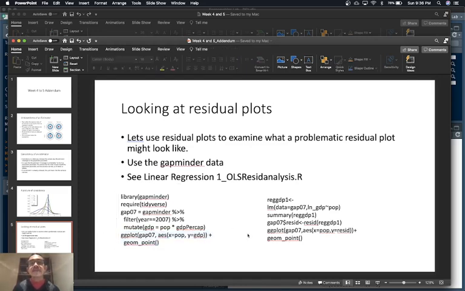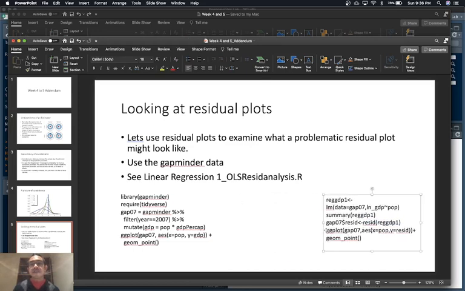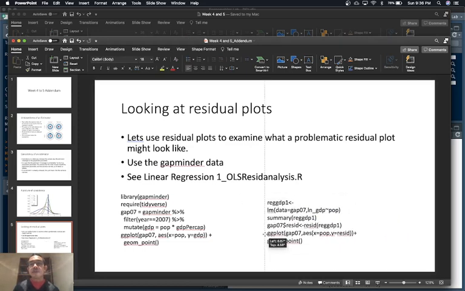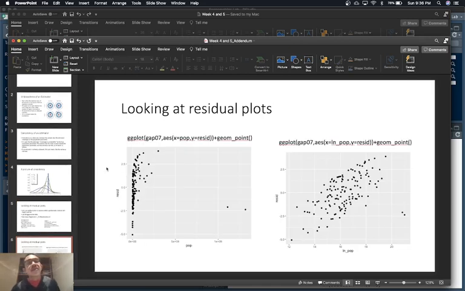And you will look at the following. You will get the residuals first, and then you will ggplot the residuals to population. And here is a ggplot of that residuals to population.